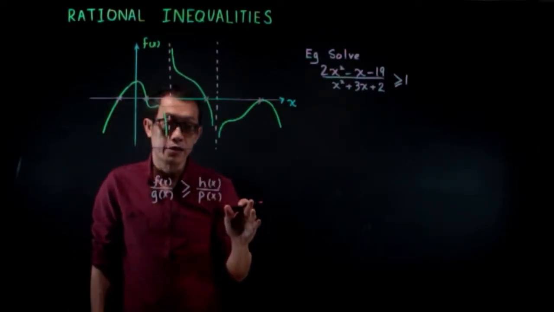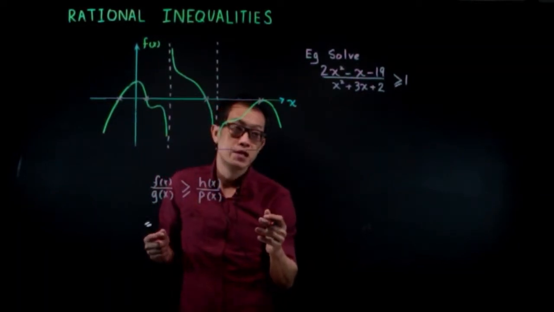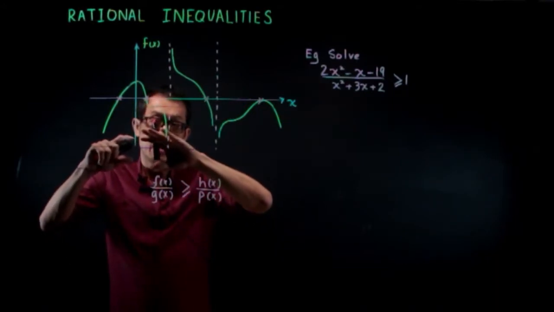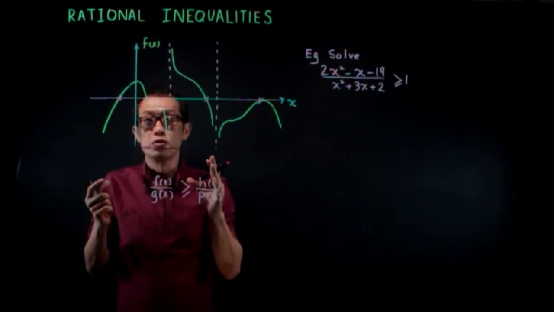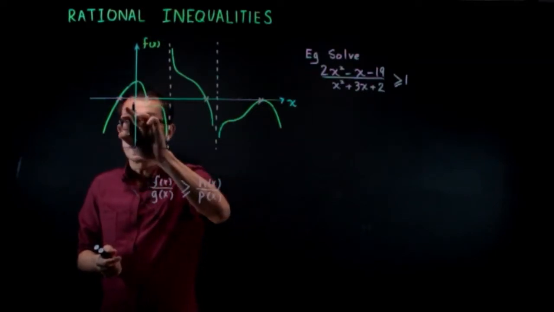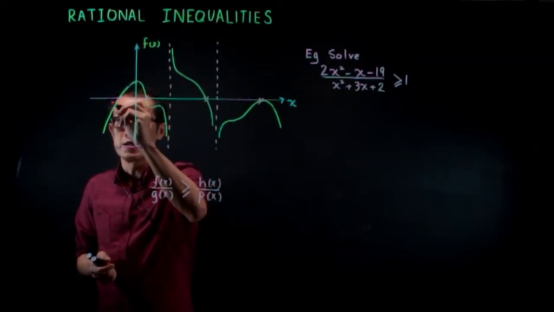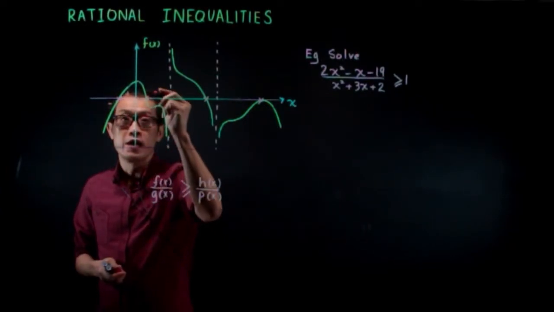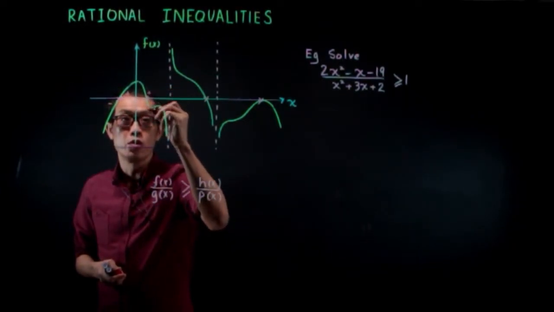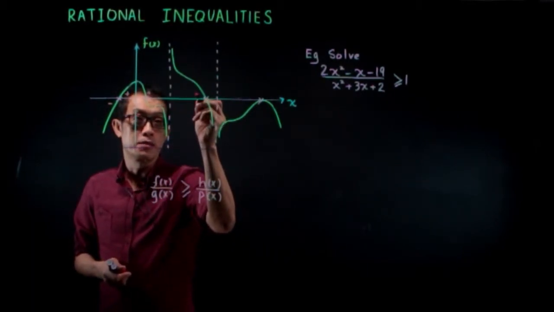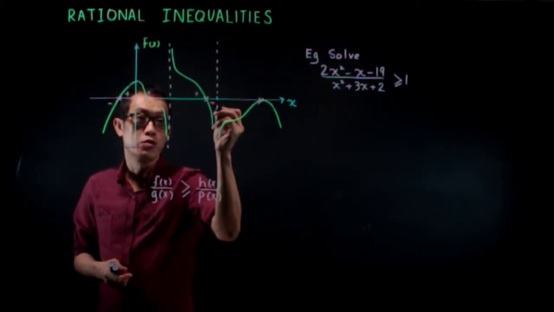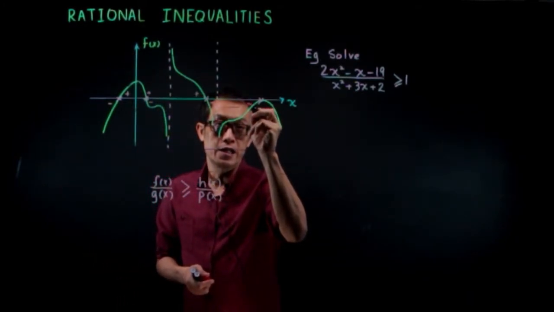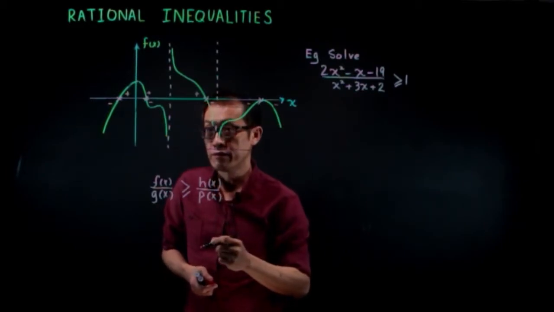Now let's look at the behavior of the graph when it's close to the roots. You notice that the sign changes: this is negative to a positive, this is a positive to a negative, this is a positive to a negative, and over here is negative to a negative.